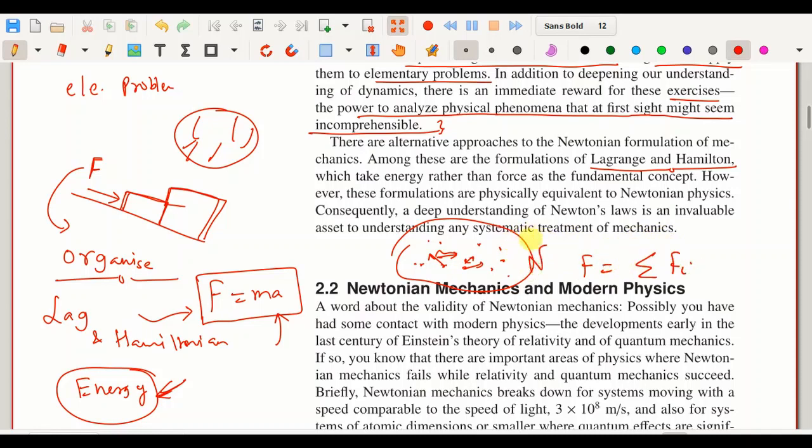If there are n particles, i equals 1 to n, and n is very big, each having mass m, and they are attracting each other, what kind of interaction is going on? It is impossible to analyze the system using the force concept, because you have to first assume that the force has this property.